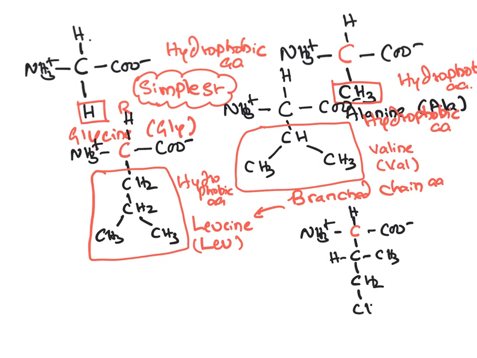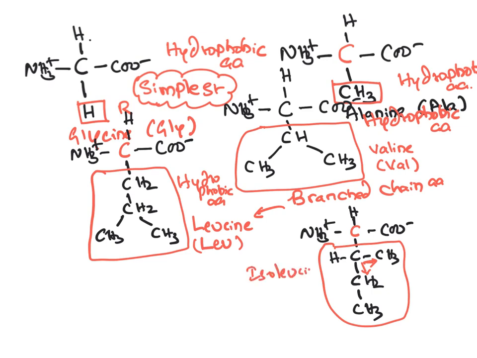So there is a branch point in isoleucine. If you carefully look at this particular side chain R group, there is a branch here on this side, and then the branch is down here. So this is isoleucine.